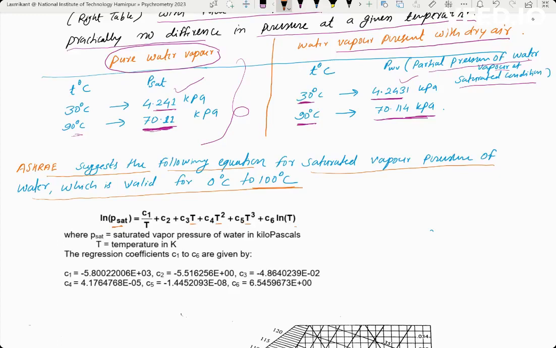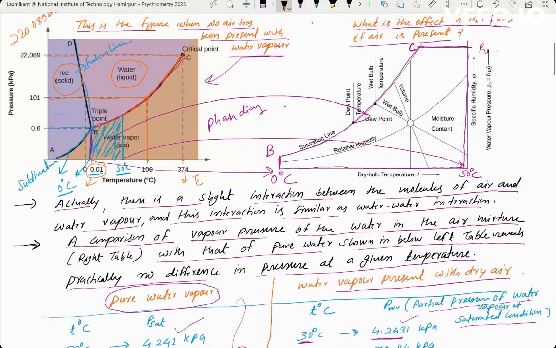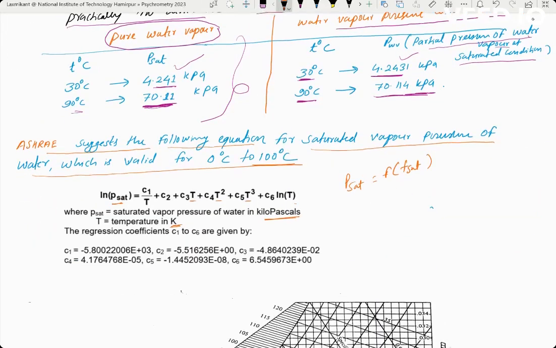So P saturation is only a function of T saturation, where T is in Kelvin and P is in kilopascal. From this formula we can also develop this saturation curve B to C, for a given temperature.